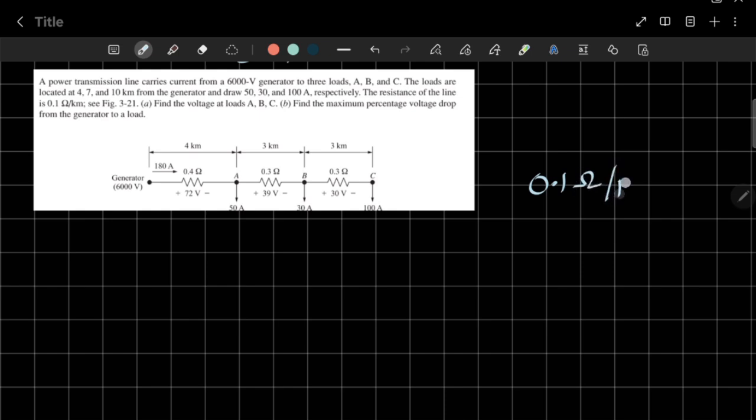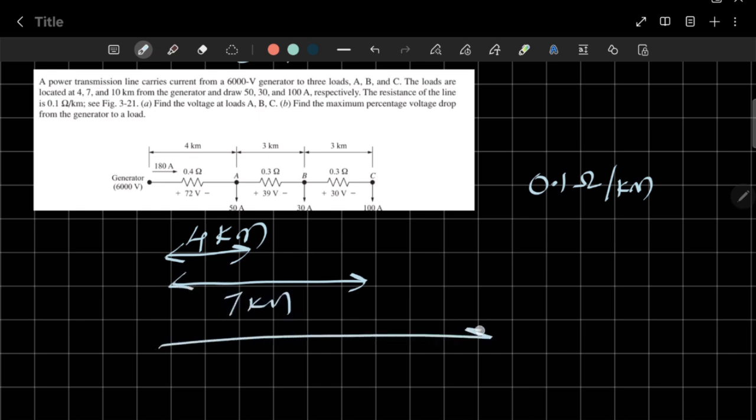And we have to take these three loads at different distances: one at 4 kilometers, the second at 7 kilometers, and the next at 10 kilometers from the generator.